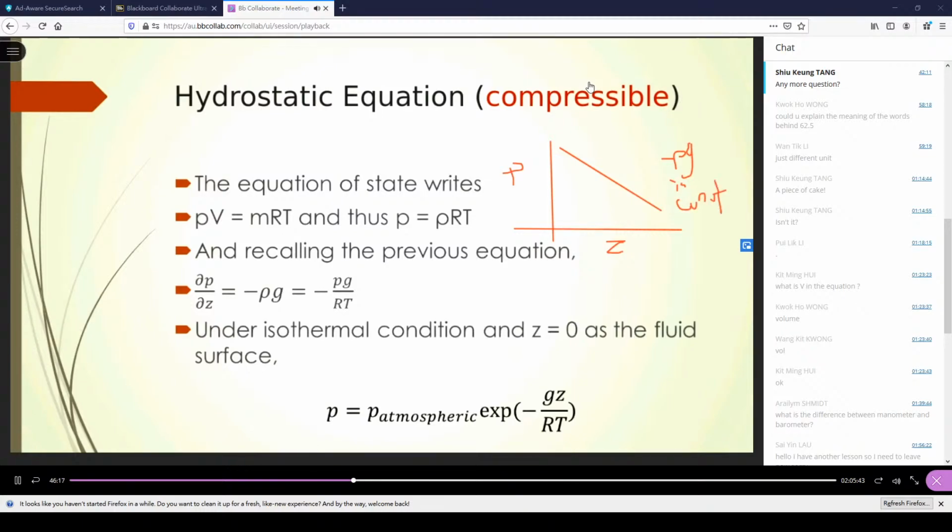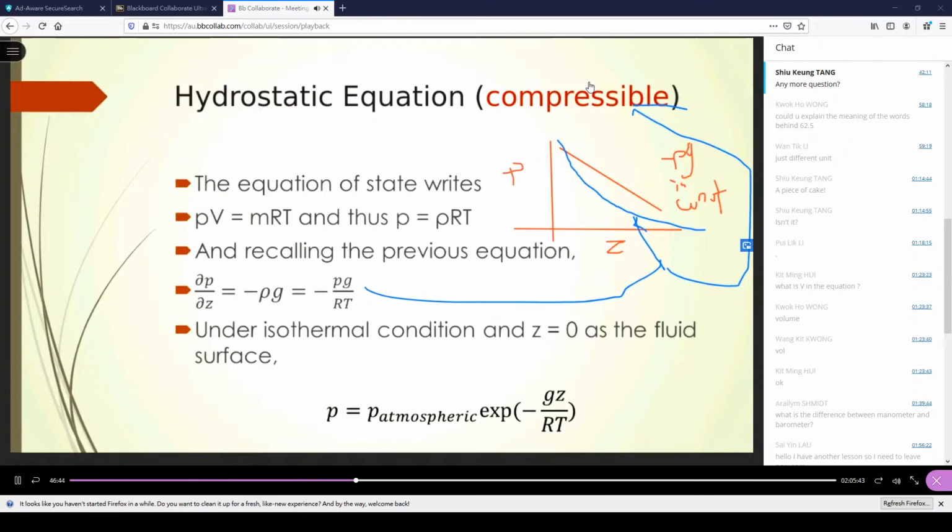For compressible gas, you have this exponential decrease. If we have a compressible situation, the blue line represents the rate of change of pressure with respect to change in height, assuming temperature is constant.